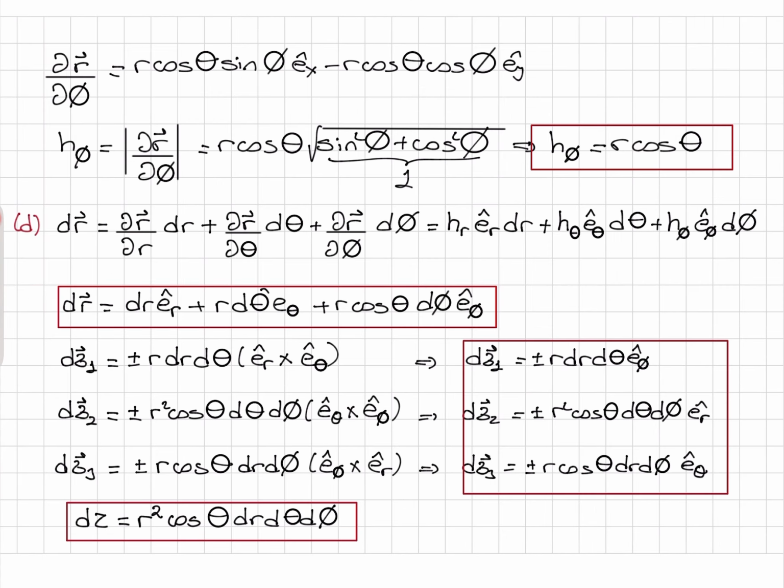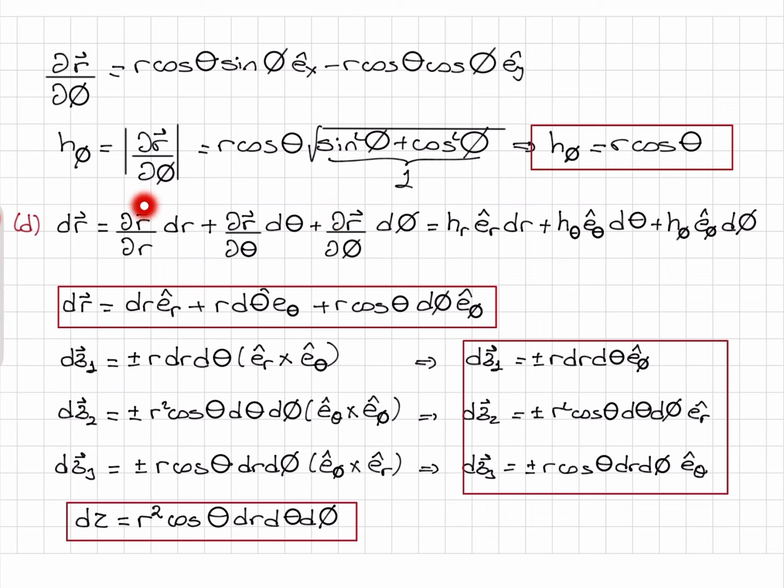Okay, so in this part we were asked to find the differential displacement dr. That means we have to take partial derivatives with respect to all the variables and multiply them with the corresponding differential changes in those variables. So the partial of the position vector with respect to r, dr, with respect to theta, d theta, with respect to phi, d phi.